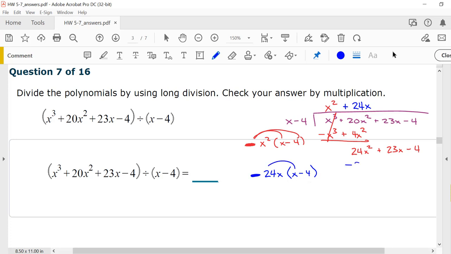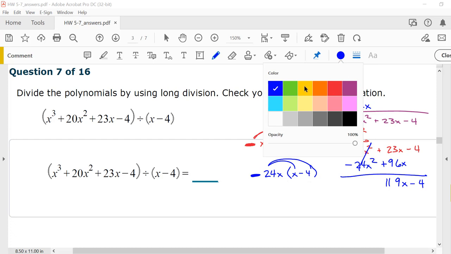I get negative 24x squared plus 24 times 4, which is 96x. 23x plus 96x gives me 119x. And bring down the minus 4.